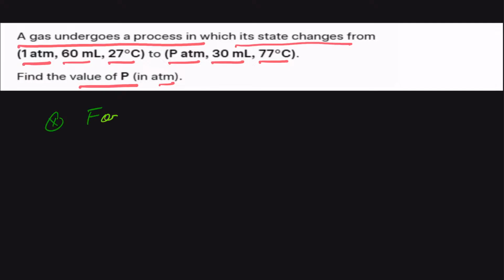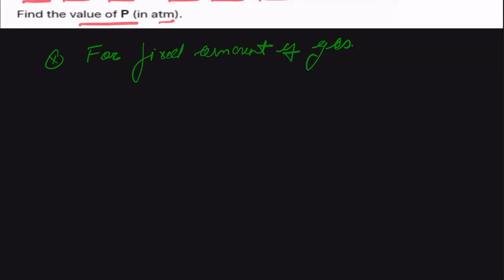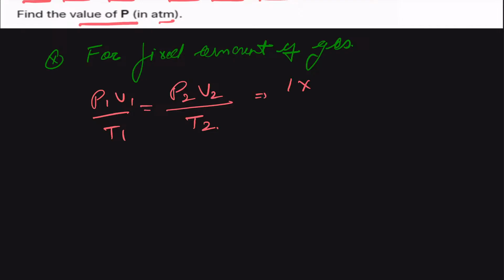For a fixed amount of gas, we can write P1 V1 upon T1 is equal to P2 V2 upon T2. Okay, and so we simply substitute the values: 1 atm, 60, and the temperature is 300 Kelvin, P, 30, and this is 350.